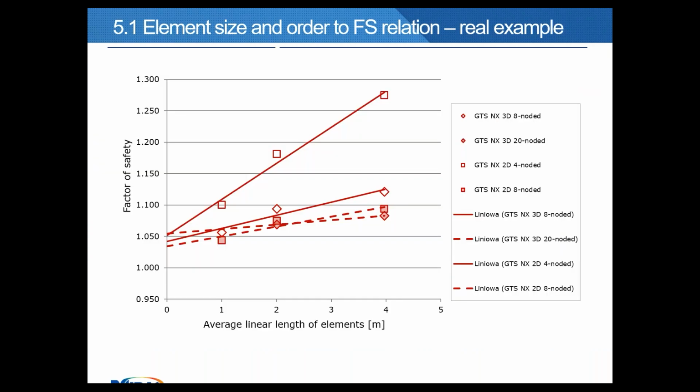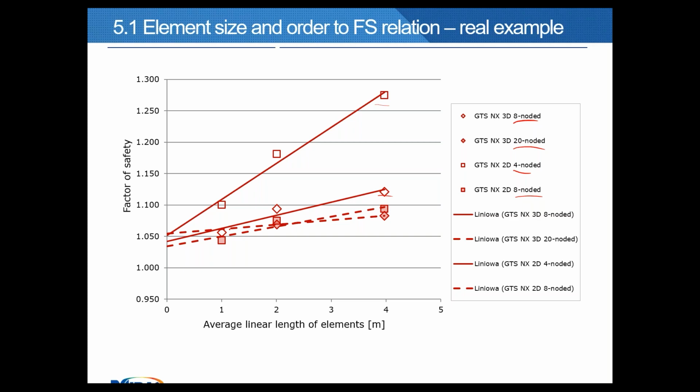And we can see that these 4-noded or 8-noded elements are not so good. We have a big relation between size of elements and factor of safety. But when we choose these 8-noded and 20-noded elements, the difference is much smaller.